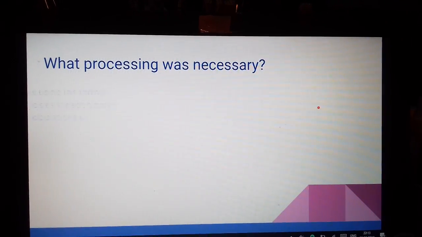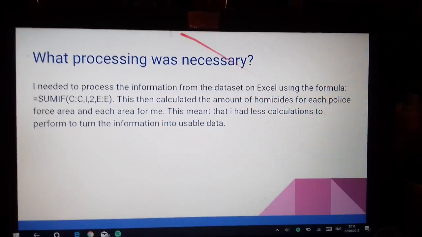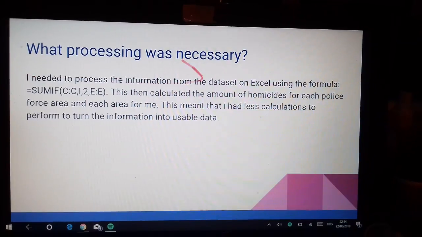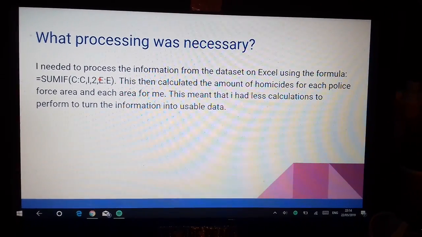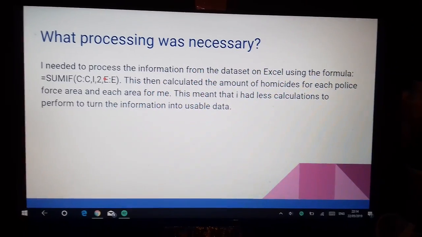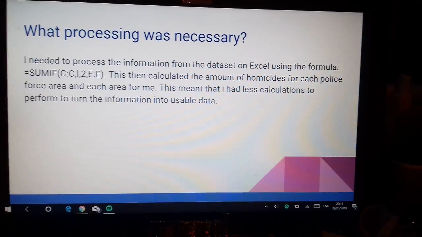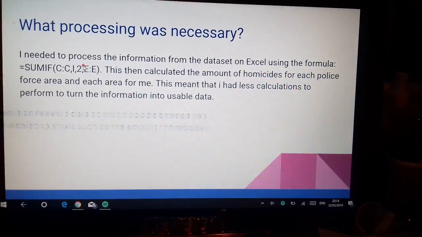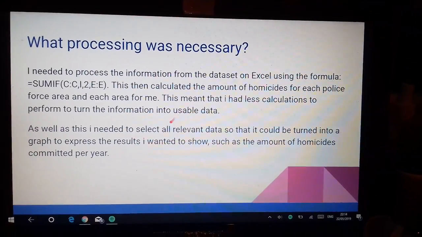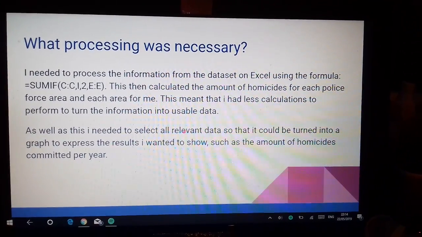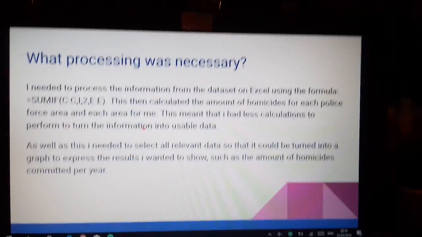What processing was necessary? I used this formula on Excel: equals if sum, bracket C, colon C. This then calculated the amount of homicides for each police force area, for each region, and for each year.